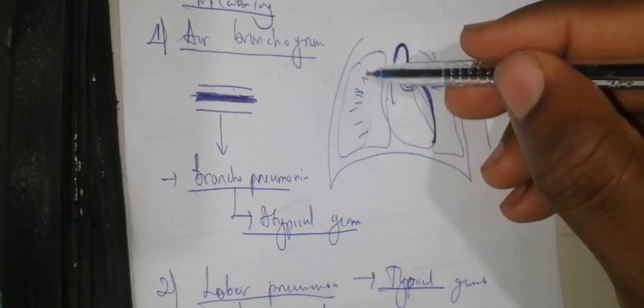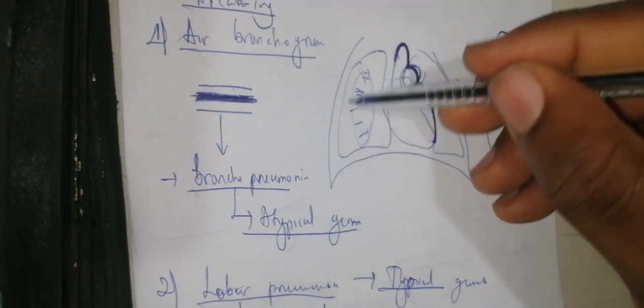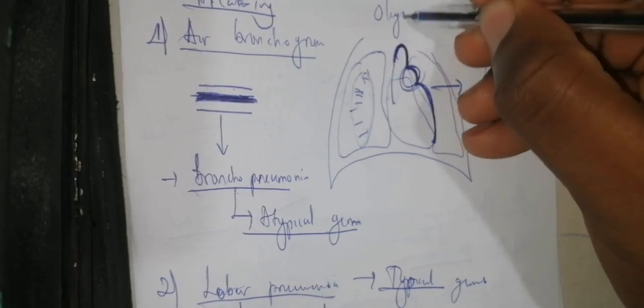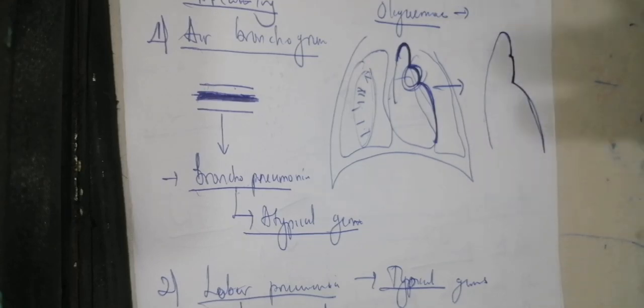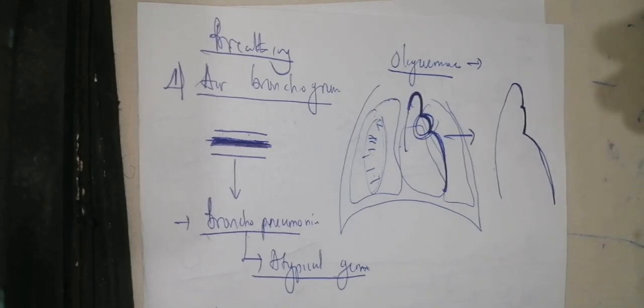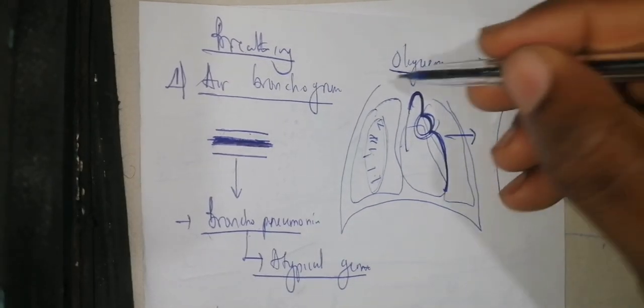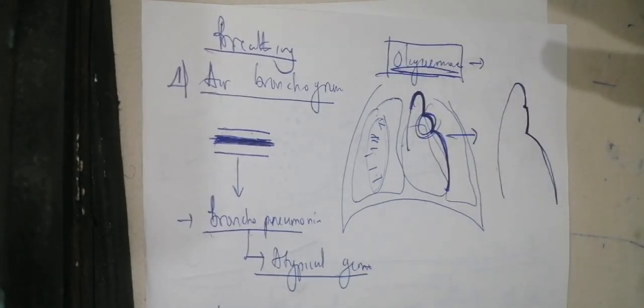You have also pulmonary oligemia. Pulmonary oligemia can also be visualized when you have tetralogy of Fallot. And in tetralogy of Fallot, you also have pulmonary stenosis.